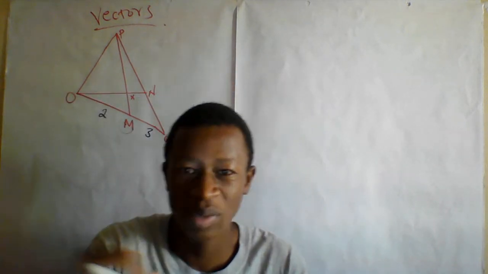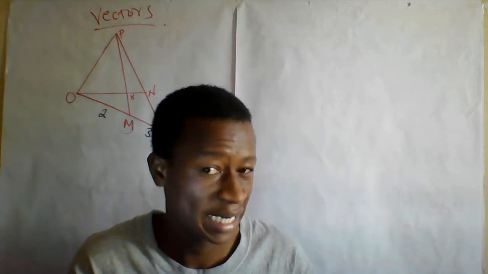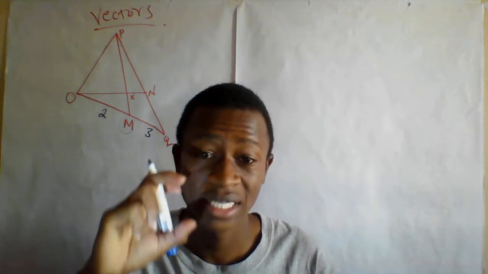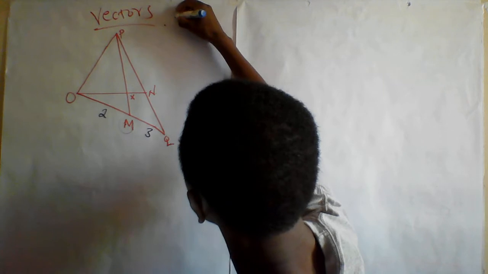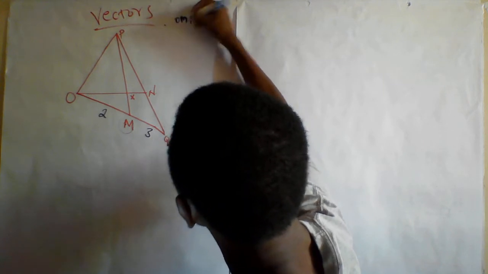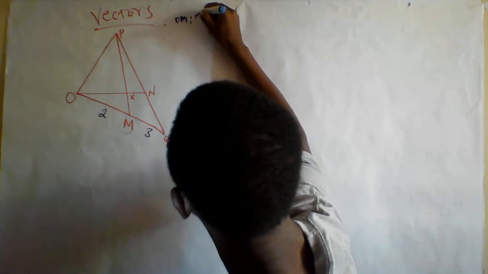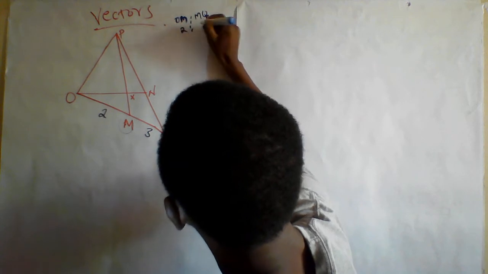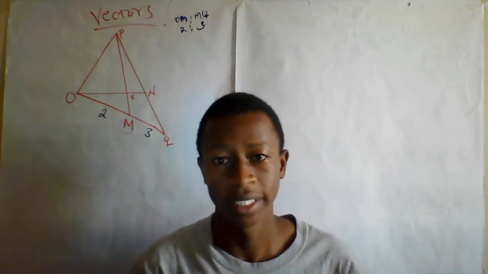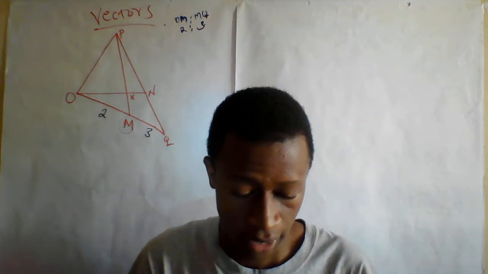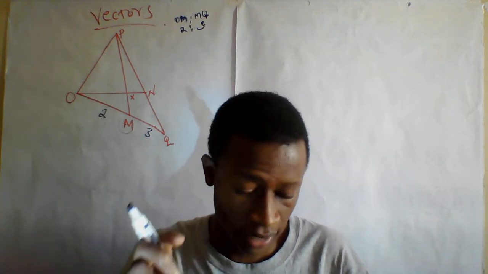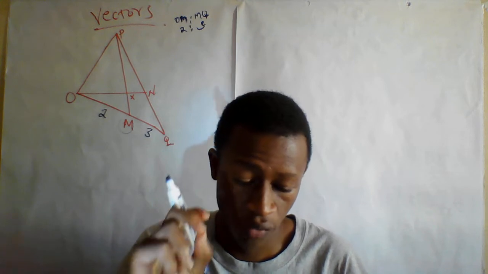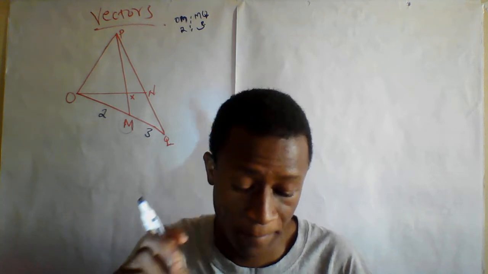Sometimes it may be given small, but the figures are not really drawn to scale. So OM is to MQ is given in the ratio of 2:3. Then QN is to NP in the ratio of 2:1.